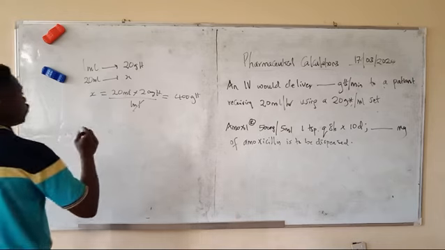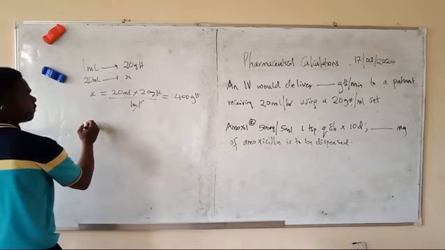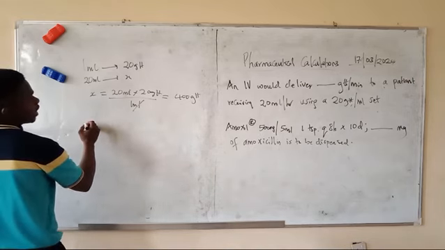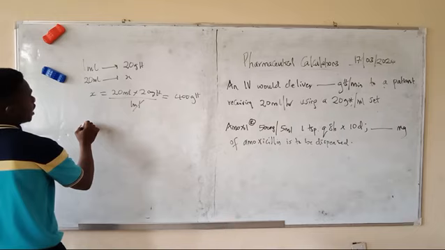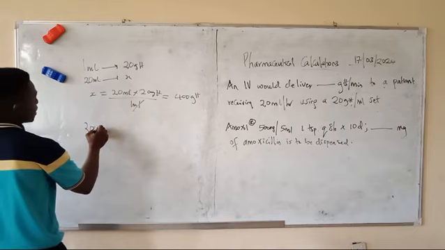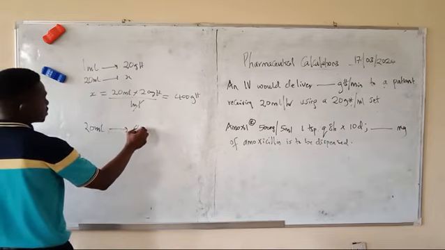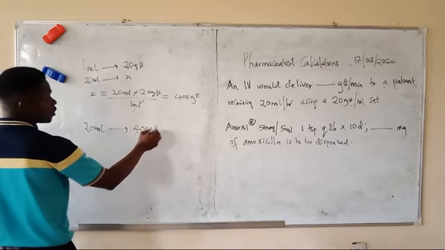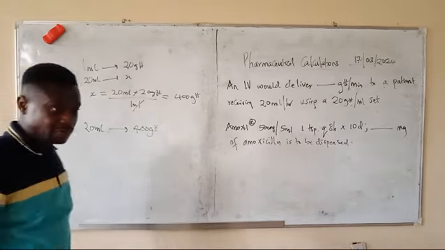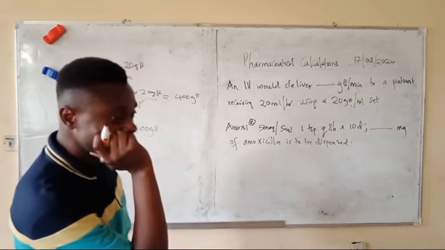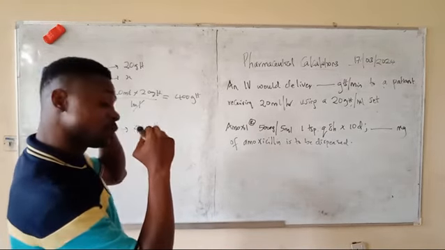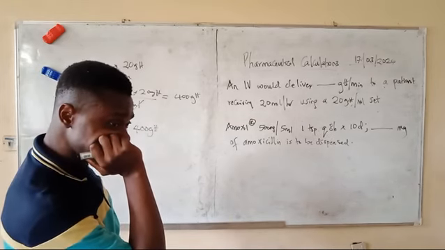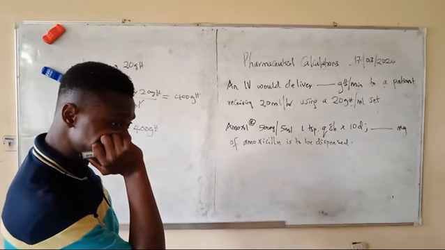So this means that 20 ml is how many drops? 400 drops. Now what next to do? 20 ml is equal to 400 drops.